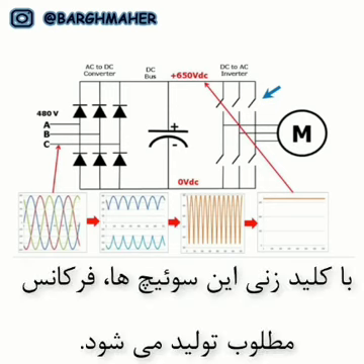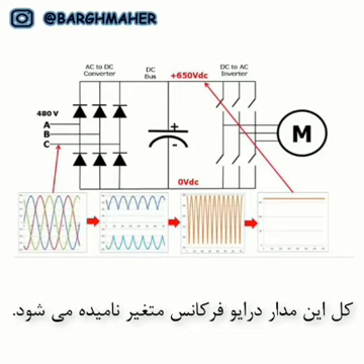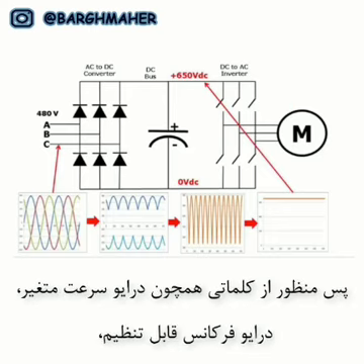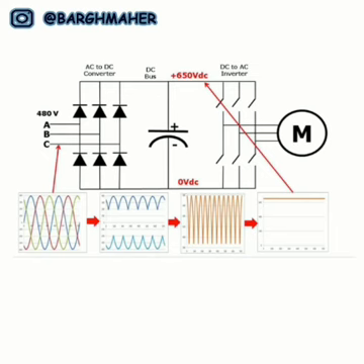So by switching these switches on and off, we can create any frequency that we like, and that frequency will regulate the speed that the motor goes. So this entire circuit is called a variable frequency drive. If you hear terms such as variable speed drive, adjustable frequency drive, variator, adjustable frequency AC drive, all of these are just synonyms for the variable frequency drive.